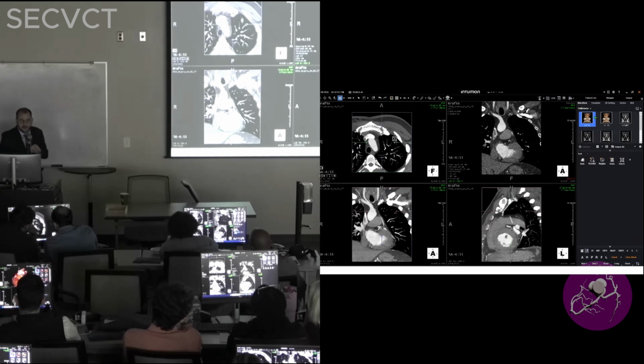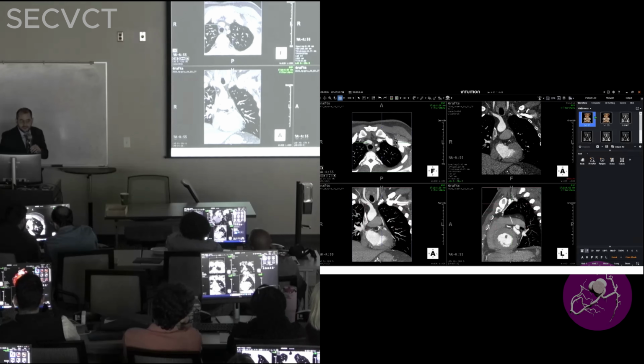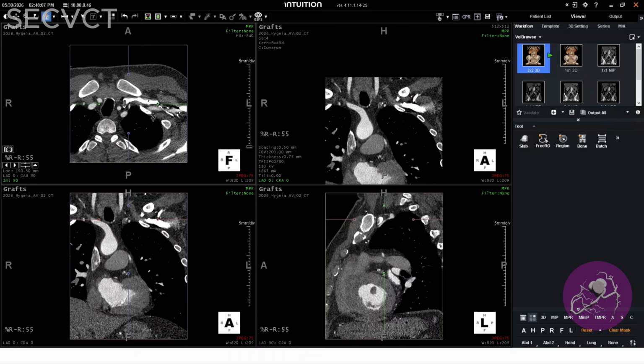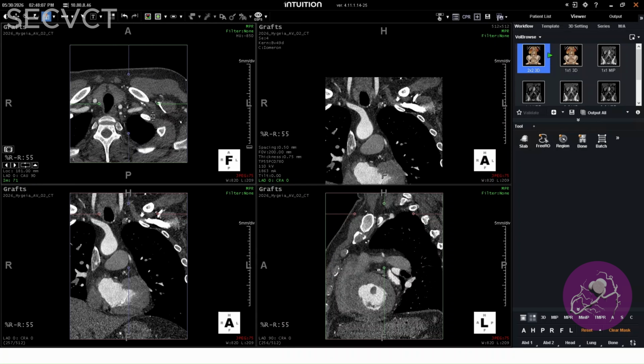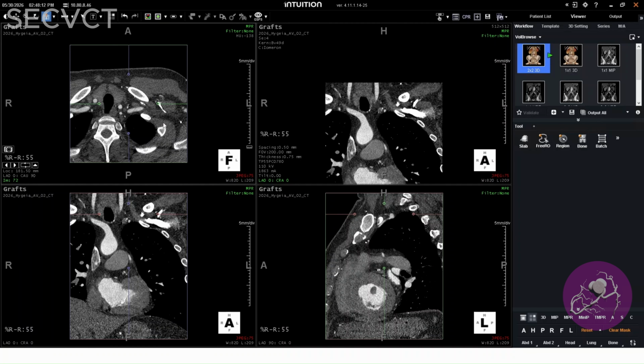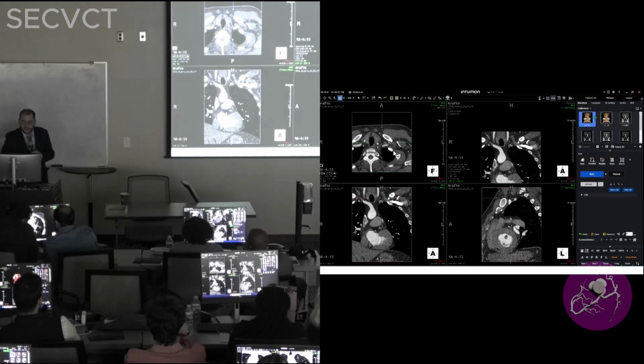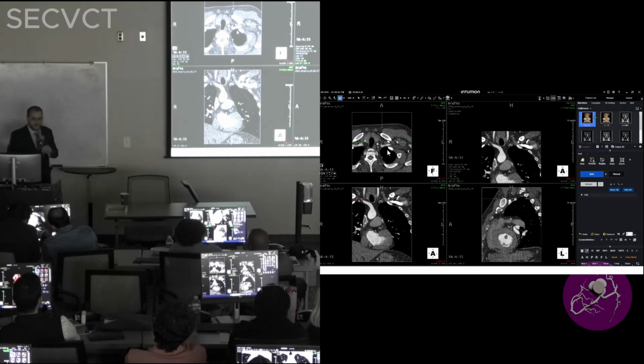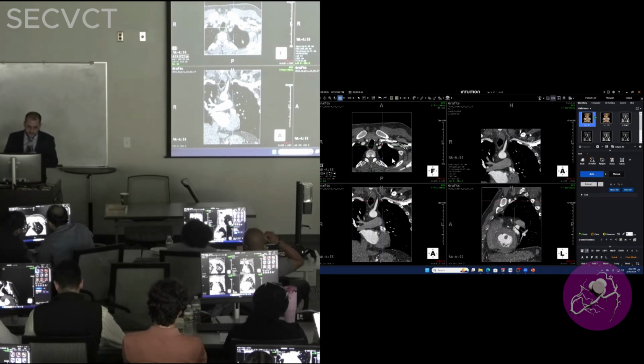Now, if you want to assess this vessel properly, you go back to your thin slices there, and you have to manually track them with a CPR. Okay, shall I give you some time to try and track the Lima graft, okay? Start from the left subclavian. Okay, so let's do it together.